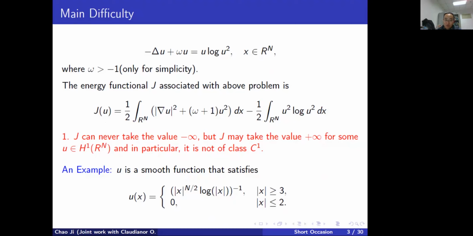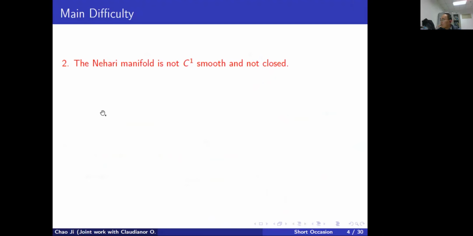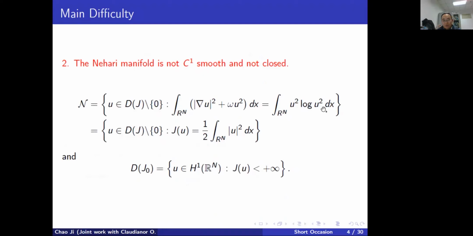So we cannot use the classical critical point theory. Because of the same reason, the Nehari manifold is not C1, and not closed. Here I can show you. This is the Nehari manifold. The Nehari manifold is a subset of H1 of Rn, which satisfies this equality.